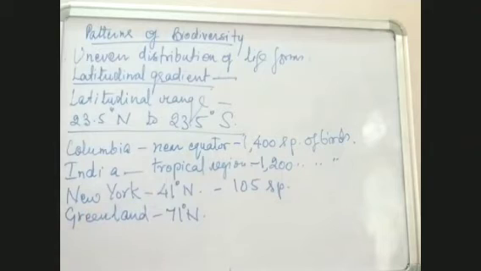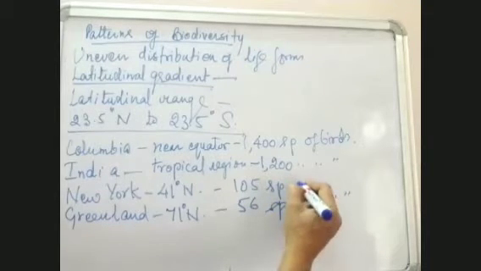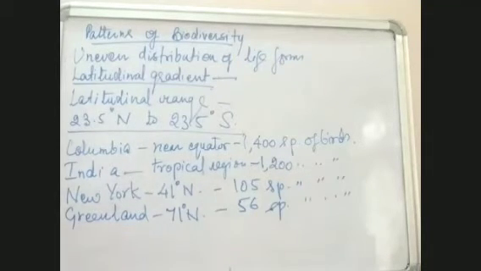And in the case of Greenland, only 56 species of birds have been found. These data are given in your NCERT book. You can go through it.